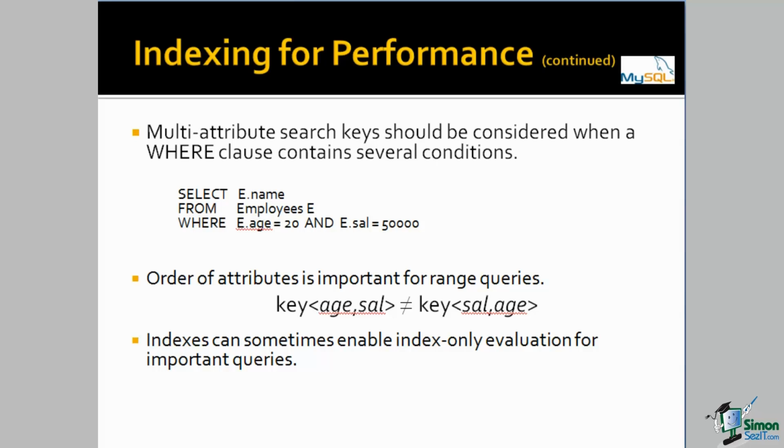So in the example query, select name from employees where the age is equal to some value and the salary is equal to some value, our index keys would be the age and the salary columns, and the included or covering column would be the name column.